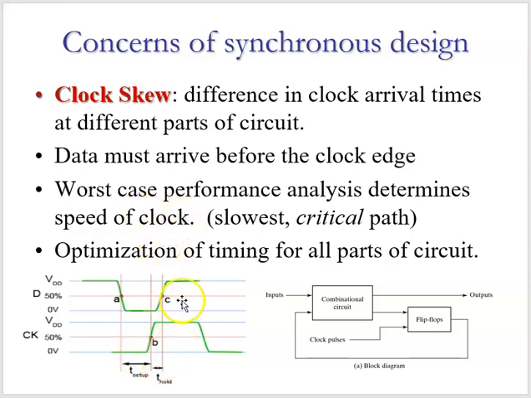These are timing constraints that are much more important in sequential design than in combinational logic. In a synchronous design, the worst-case performance analysis determines the speed of the clock. The slowest critical path determines how high a frequency we can use, so optimization of all parts of the circuit becomes important.